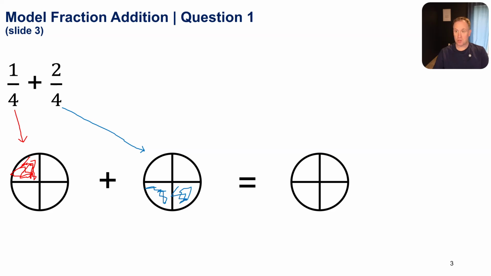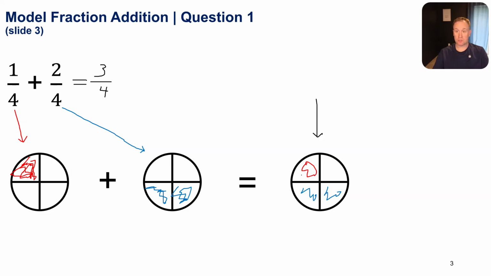So when I go to actually add these, we are just combining or adding our numerators, 1, and we're adding the other numerator of 2. So when I added both of these together, I get a fraction that is in 3/4 form, which is what this looks like right here.